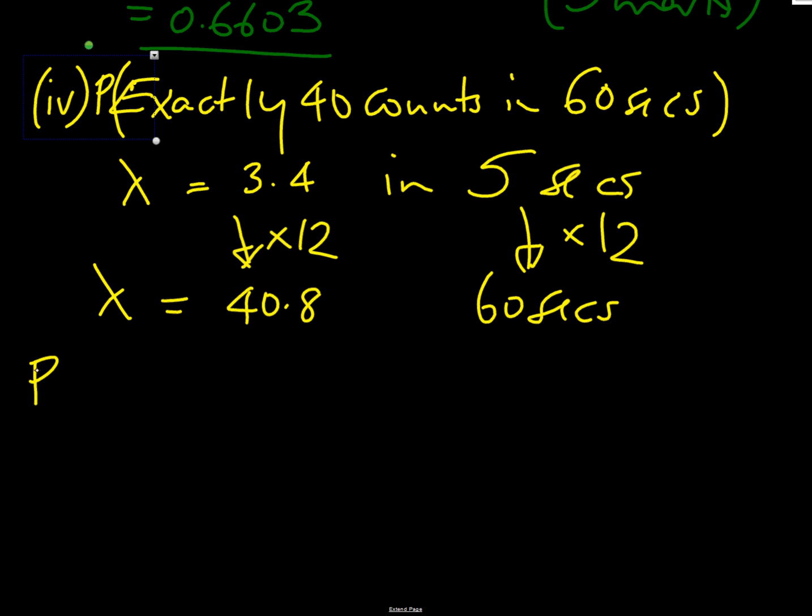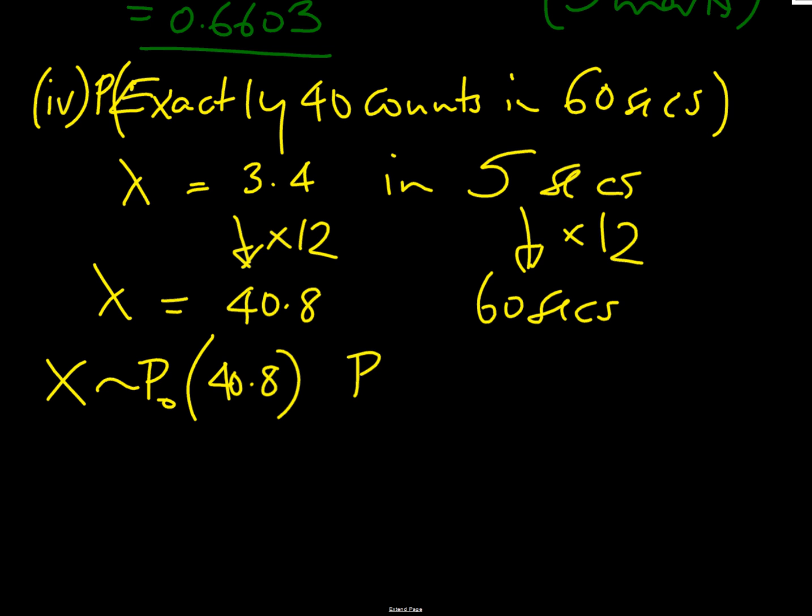So what we now need to write is X is Poisson with lambda equals 40.8, and we're now interested in the probability X equals 40.